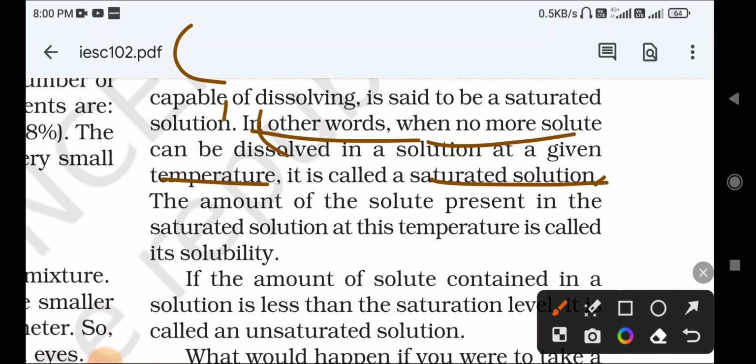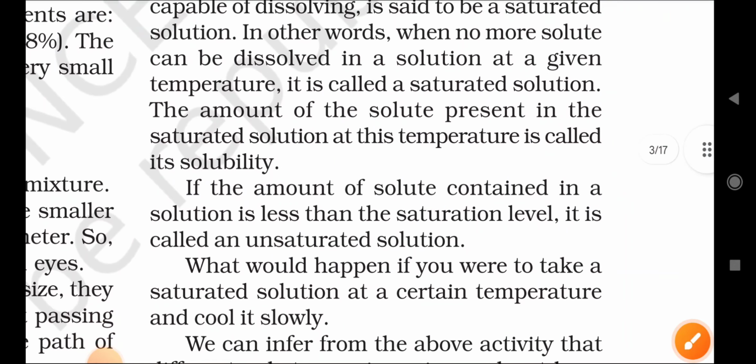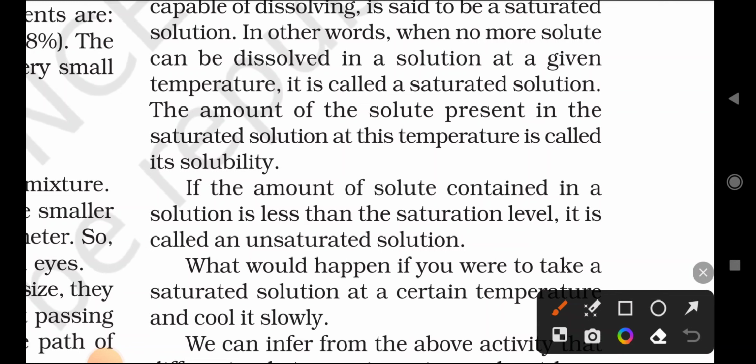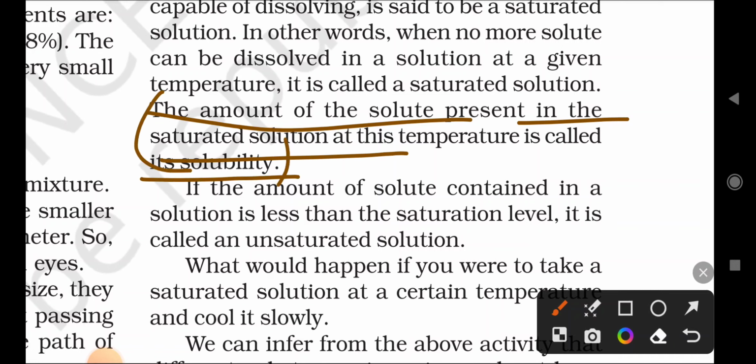The amount of solute present in the saturated solution at this temperature is called solubility. What is solubility? Again, these are very important definitions for your exam. So the amount of solute present in the saturated solution at this temperature is called solubility. Means how much solute is present in the solution at the particular temperature is called solubility.